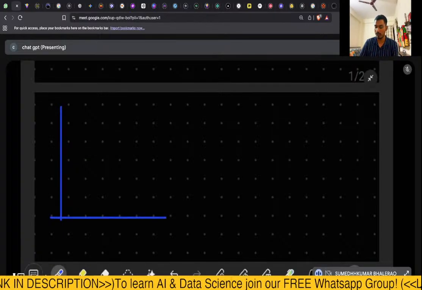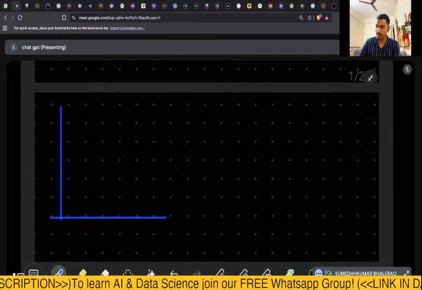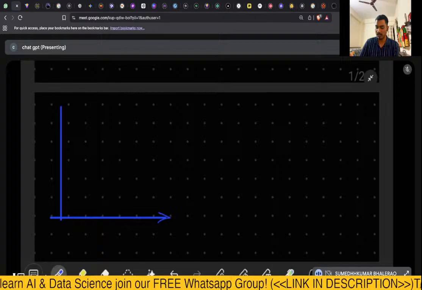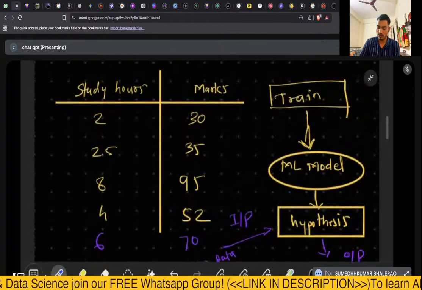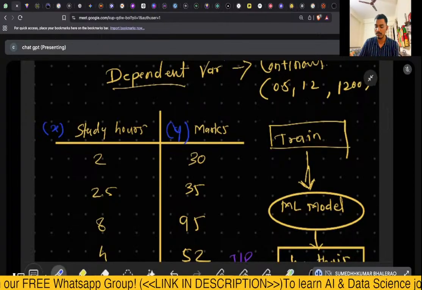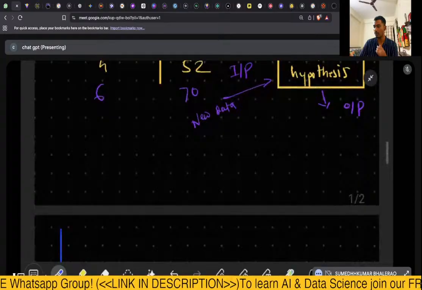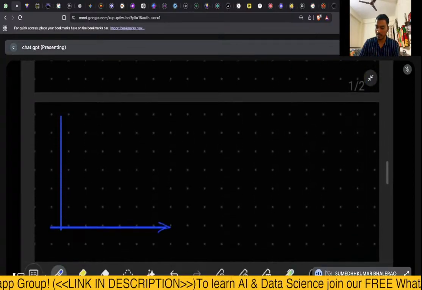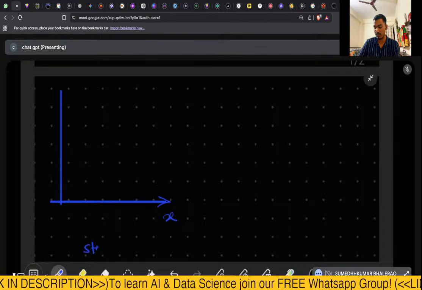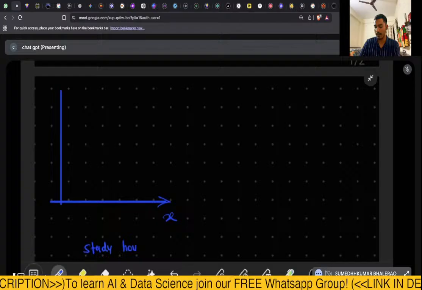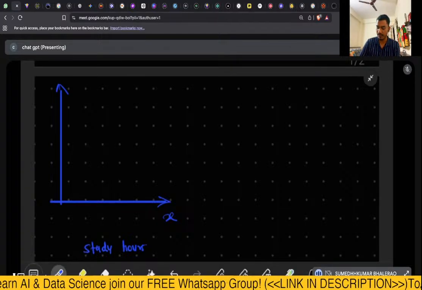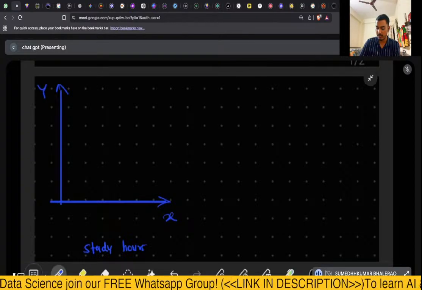Not really columns, but let's say this is x, and this is y. This is my x column, this is my y column. Now, this x is study hours, right? I write study hours here. And this is my y, this can be my marks.